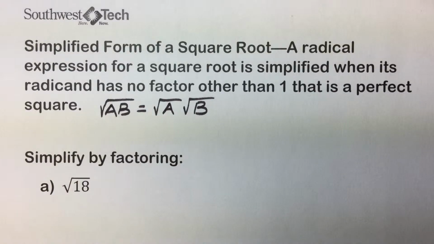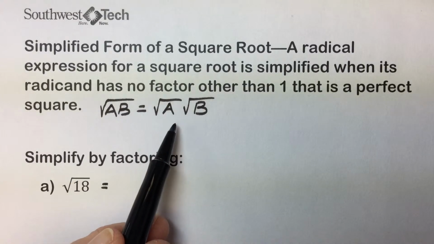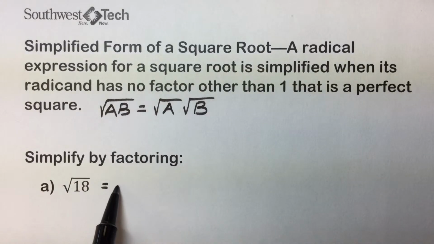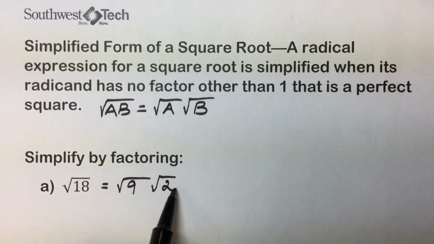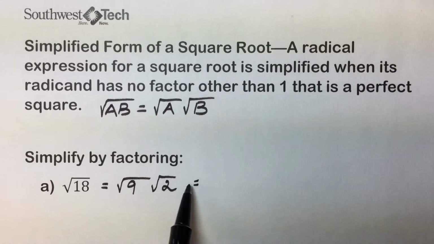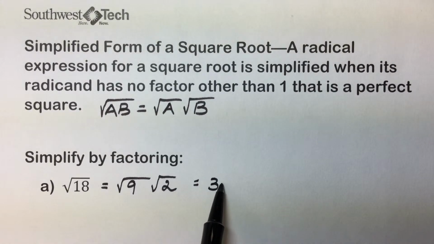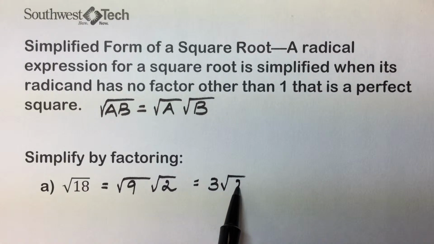Let's take a look by factoring this first example. 18 can be broken down, going in the reverse direction for the product rule, into the square root of 9 times the square root of 2, since 9 times 2 is 18. The square root of 9 is a perfect square, which is 3, times the square root of 2, which cannot be simplified.